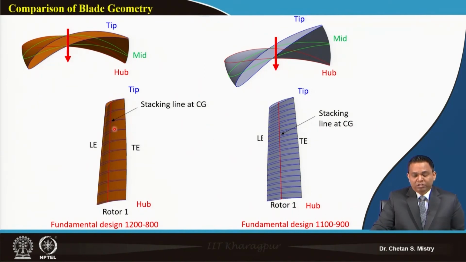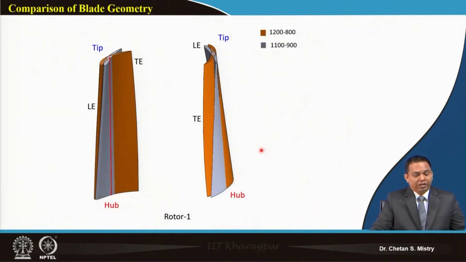Okay, now this is a comparison for rotor 1 for two different loadings. Here the golden color that you are observing is 1200 and 800 Pascal. That means my expected total pressure from rotor 1 is 1200 Pascal, and for my rotor 2 we will be calculating immediately. Here you can see how my angle variations come into the picture.